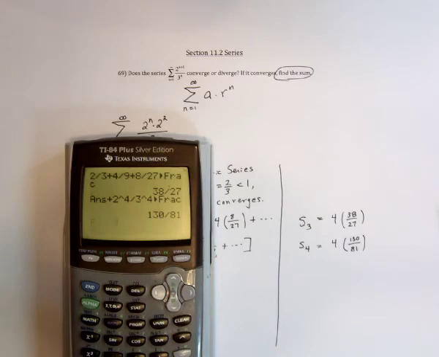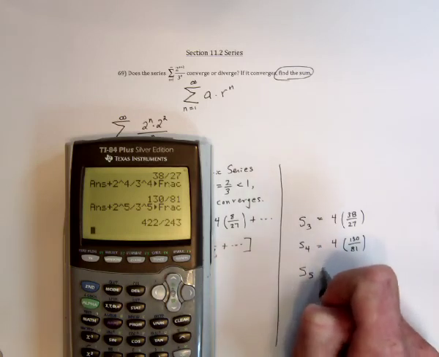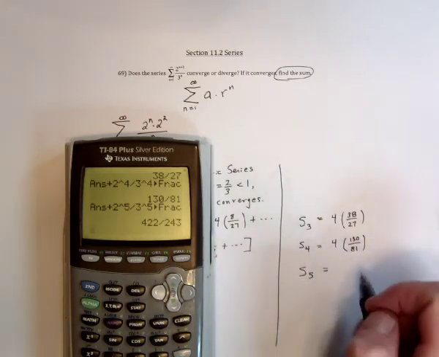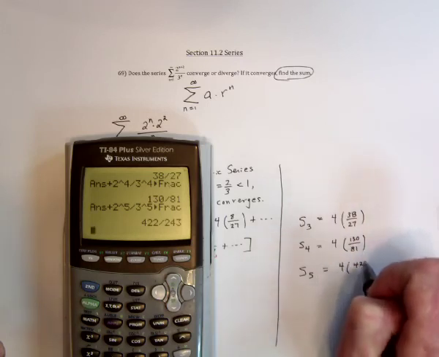So next would be add in 2 to the 5th divided by 3 to the 5th. And then S5 would equal 4 times 422/243.